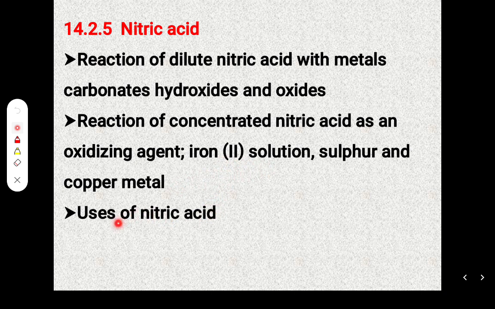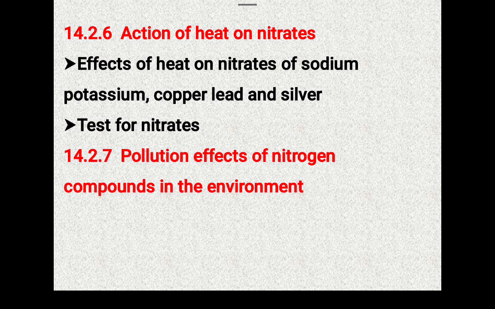Then we look at uses of nitric acid. Still on content, we are going to look at the action of heat on nitrates, the effects of heat on nitrates of sodium, potassium, copper, lead, and silver, then testing for nitrates. And then we look at pollution effects of nitrogen compounds in the environment.